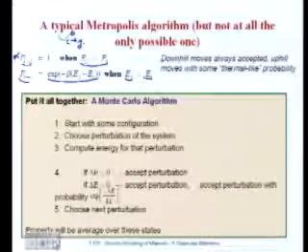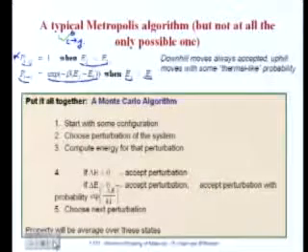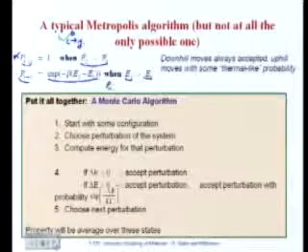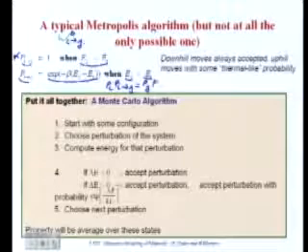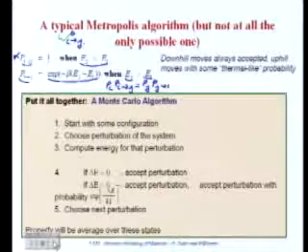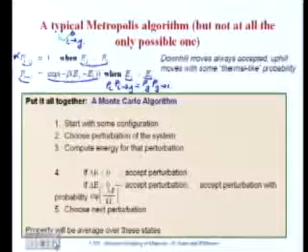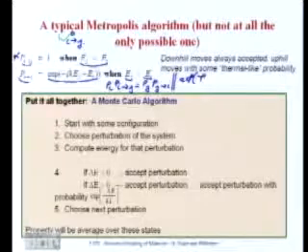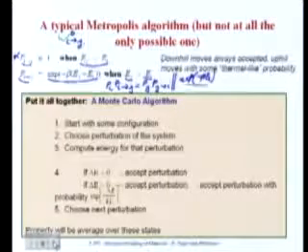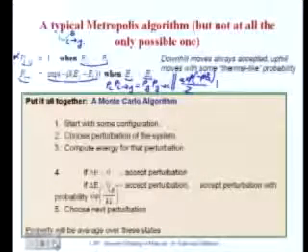You can easily show that this satisfies detailed balance. Detailed balance says that essentially pi times P(i to j) has to equal pj times P(j to i). Well, pi is the exponential of minus beta Ei over the partition function. P(i to j), let's assume that I is the state with lower energy, is 1.